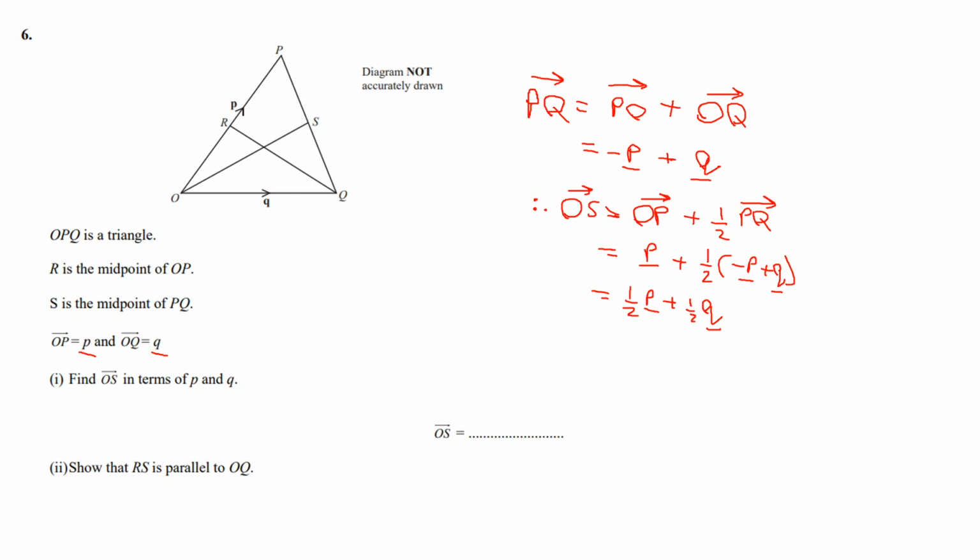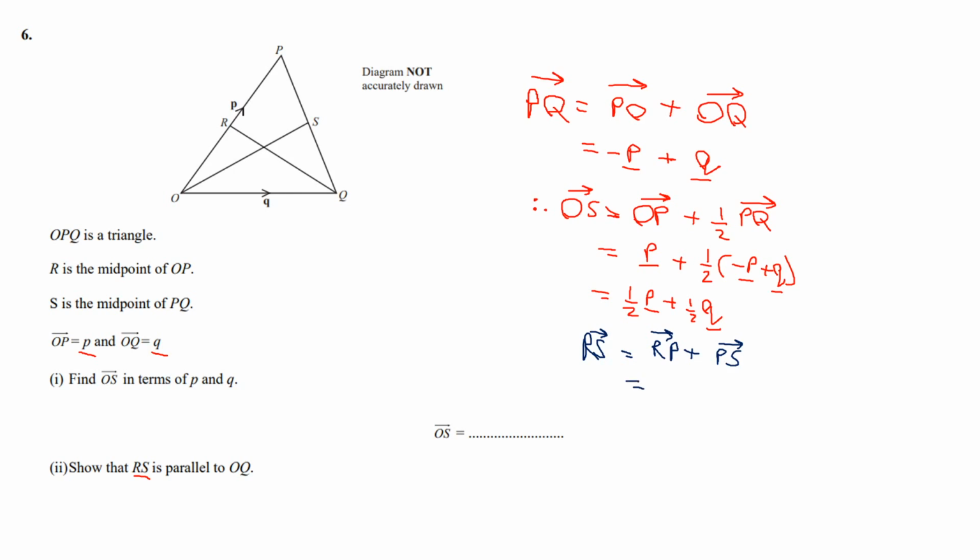How can we then show that RS, R to S, is parallel to O to Q? Well, the first thing we need to do is work out what R to S is. So I'll use a different color. R to S is just going to be R to P plus P to S, isn't it?